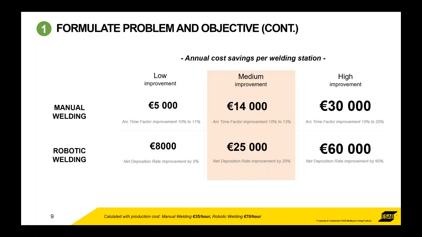And improving the net deposition rate by 20% is often something that is very much achievable, and as you can see here, it's quite dramatic cost savings of around 25,000 euros per welding station a year. So with that said, it's important to formulate that problem and the objective that you want to achieve. Is it cost savings? Is it capacity increase, that is improving how much you actually can produce, or is it working capital reductions or something else?